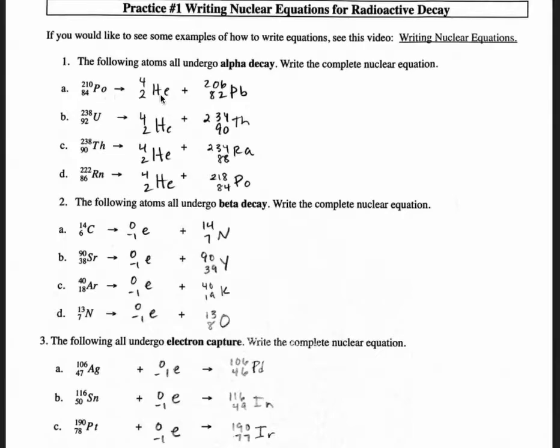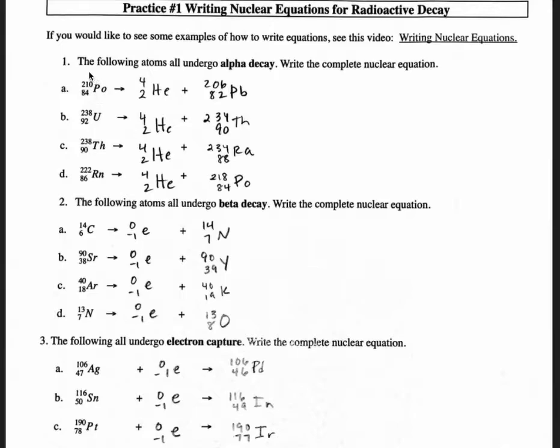So to check to make sure this is right, I basically have 2 addition problems that I'm solving. I have the top addition problem, so 206 plus 4 equals 210, so that's correct. And then 82 plus 2 equals the atomic number of 84. So I have to follow the law of conservation of matter.